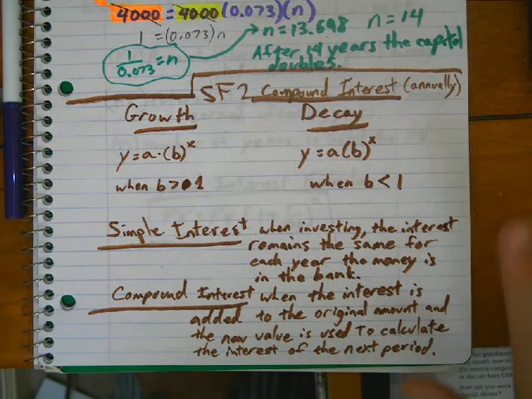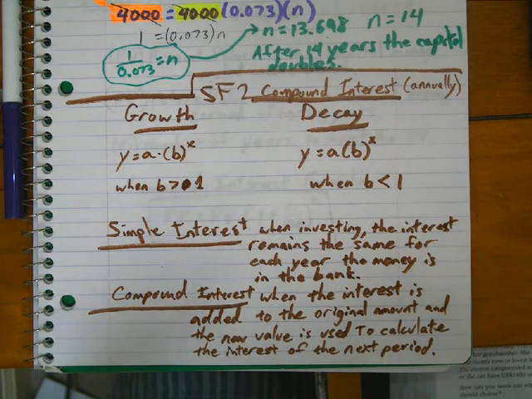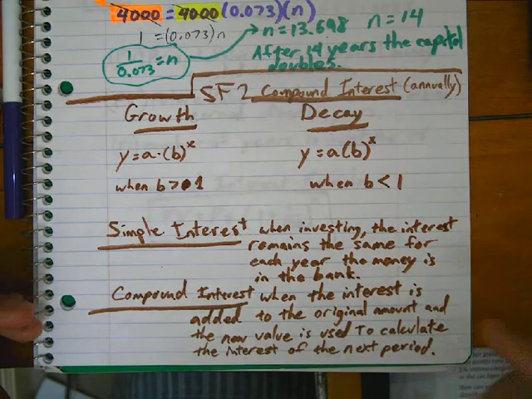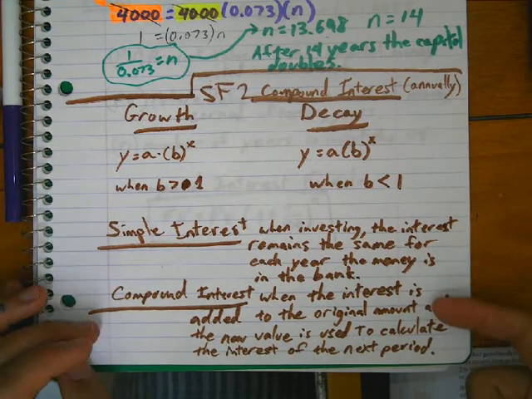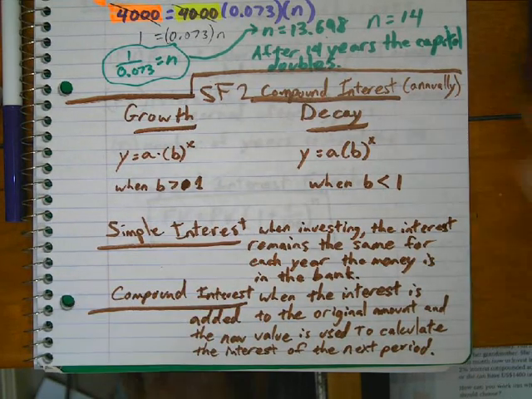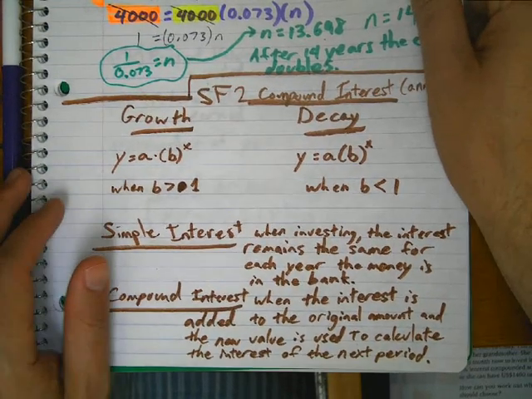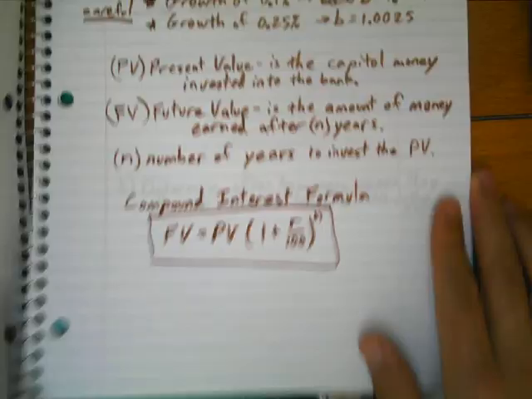At the end of each year, you use the interest plus the amount in order to get the next percentage. Your interest builds upon not just what you initially put into the account, but as it grows, it will grow on the amount that's there, not what you had initially. So let's do some examples.